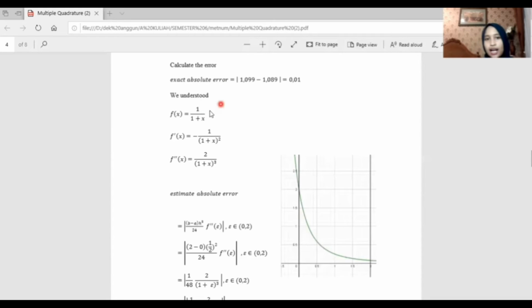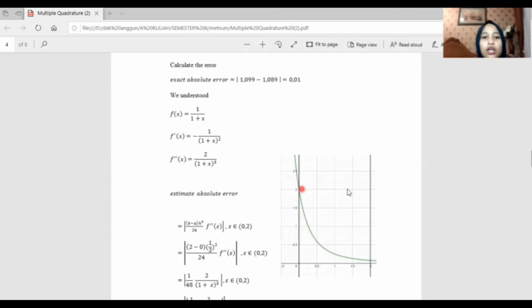We understood that the function of x equals 1 over 1 plus x. The first derivative is minus 1 over 1 plus x squared, and the second derivative is 2 over 1 plus x to the power 3.